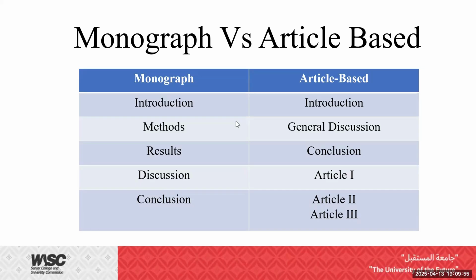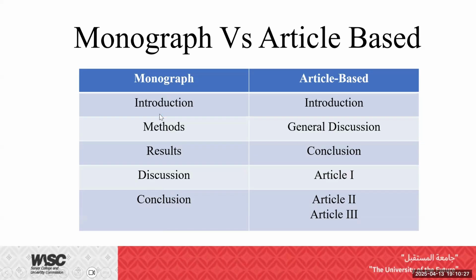As I mentioned earlier, some students follow the monograph track here, as you can see, and the others follow the article-based track. So basically, in the monograph track, you have to include all of these sections in your dissertation.